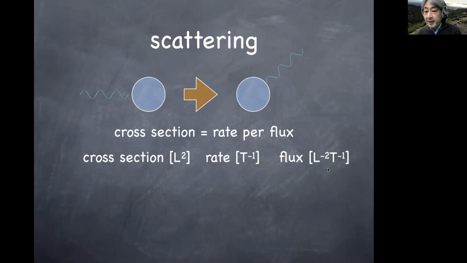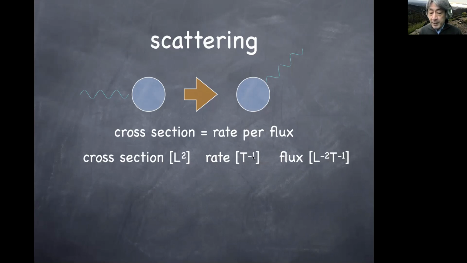The target has a finite area, and you send in a certain number of darts per unit time. So that gives you this flux factor. So per unit area per unit time is the amount of photons you send in to get scattered by the atom. So the idea of the word cross-section is that this is the rate per flux.